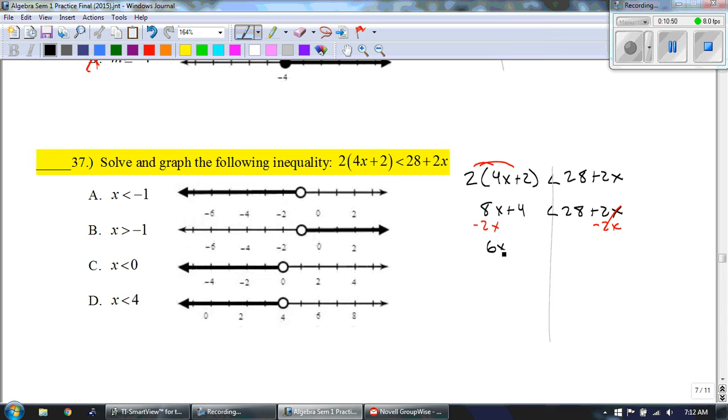So we get 6x plus 4 is less than 28. And then I'm just solving. Subtracting 4 from both sides, 6x is less than 24. And then I divide both sides by 6, and we get x is less than 4. So x is less than 4. My only one that says that is D.